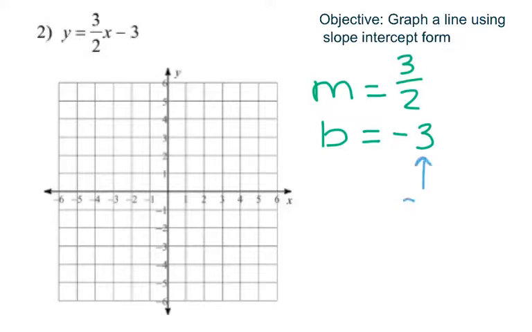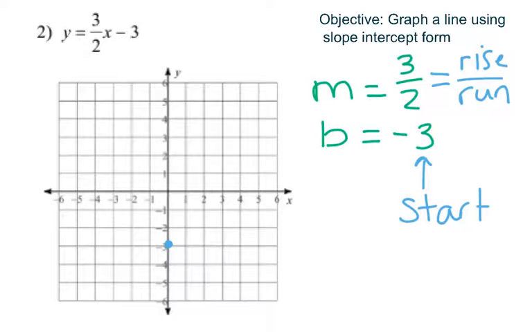So we always start at the y-intercept. So we have negative 3. Now remember, this is rise over run. So now in order to find the next point, we're going to use our slope. So I'm going to rise 1, 2, 3, and I'm going to run 2. So that's the next point.